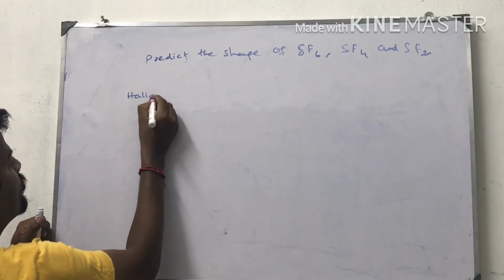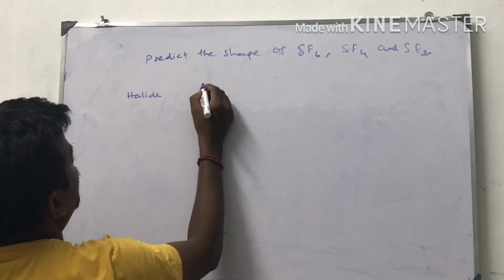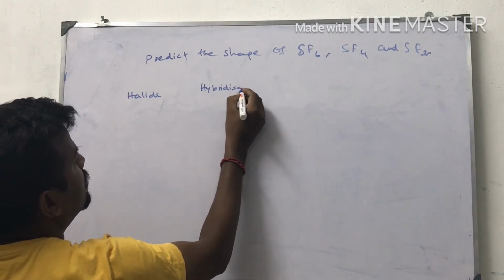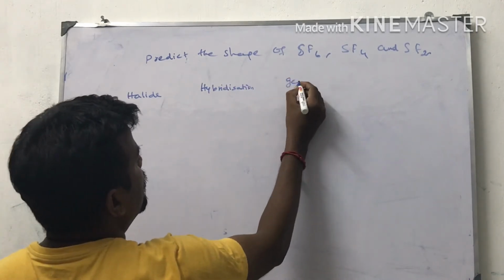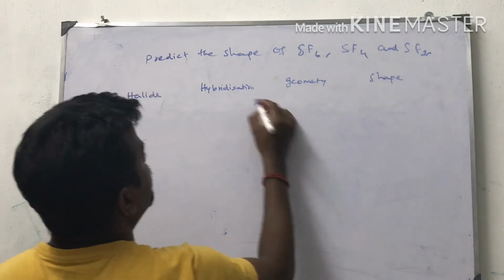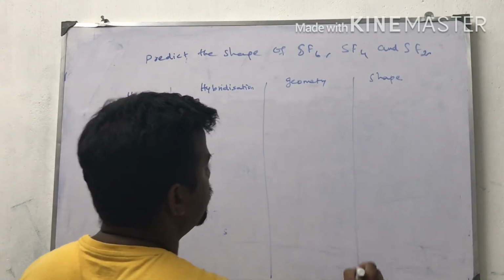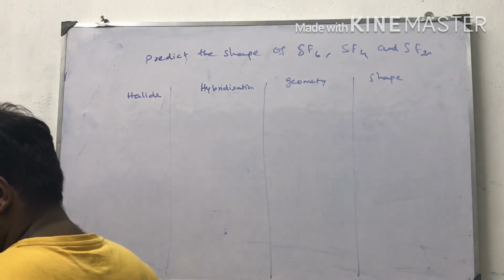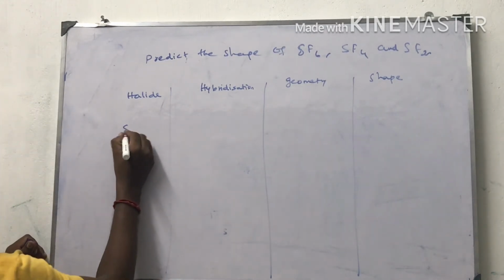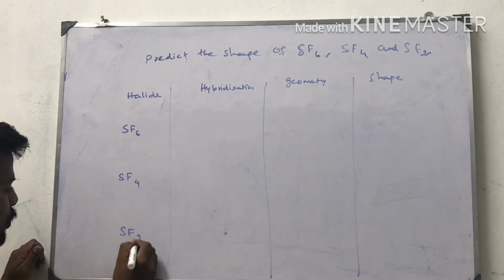Halide, bond angle, hybridization, geometry and shape: four things we have to derive now. Halides SF6, SF4, SF2.